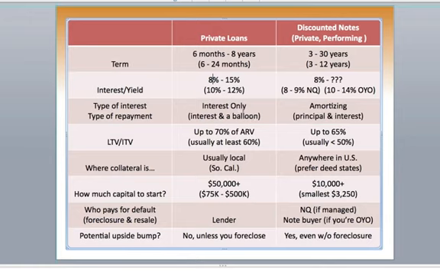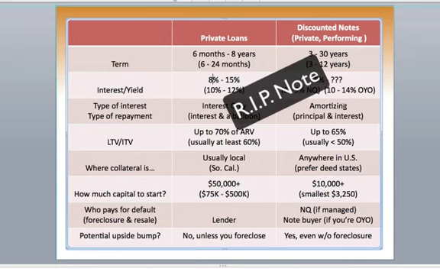Now, discounted notes are almost always amortizing, meaning you get some principal back each month along with your interest. Amortizing means by the end of the term, that loan is killed. Mortir, dying, mortician, okay? That means the note is dead at the end of the term.